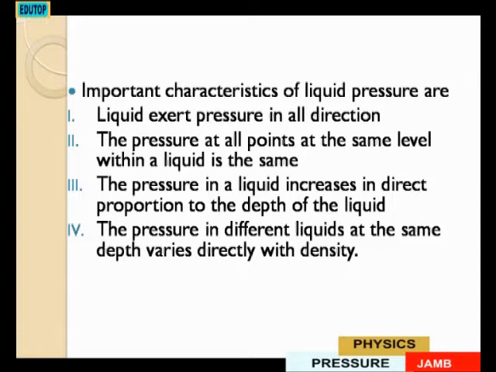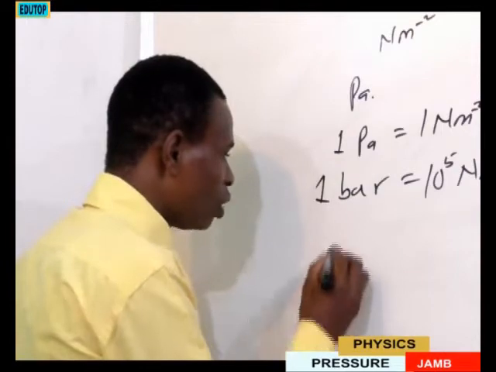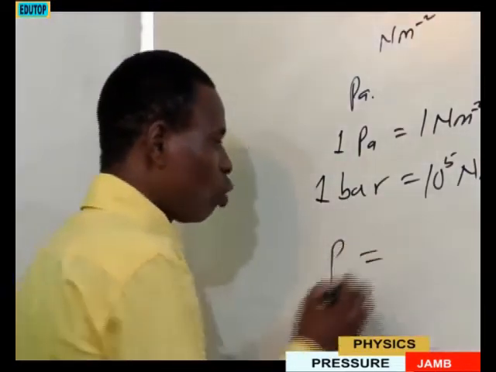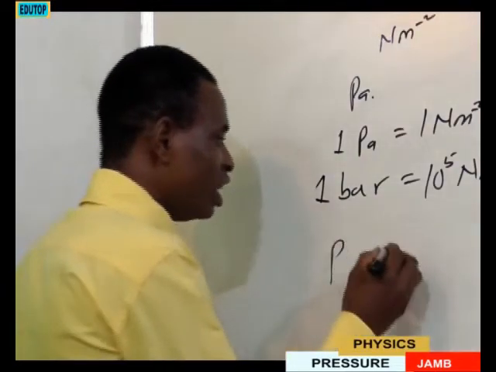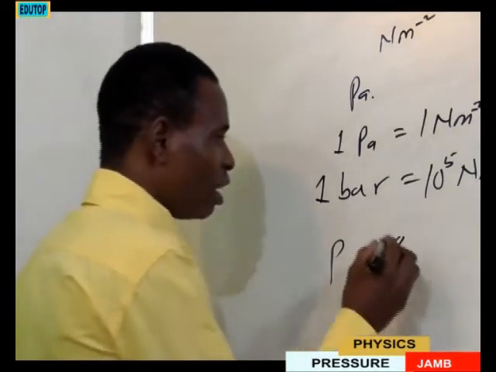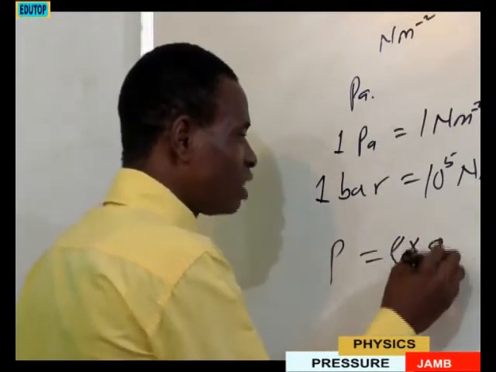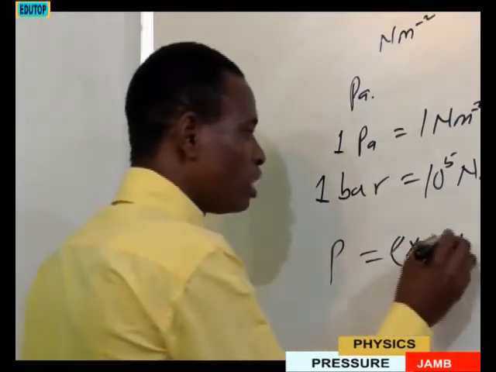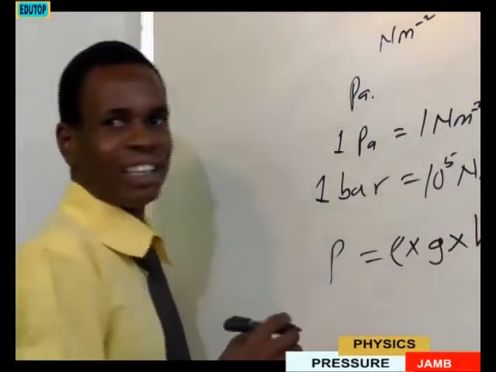If we are to consider the 4th characteristic, the pressure in different liquids at the same depth varies directly with density. So from there we can have pressure equal to the density multiplied by acceleration due to gravity multiplied by the height.